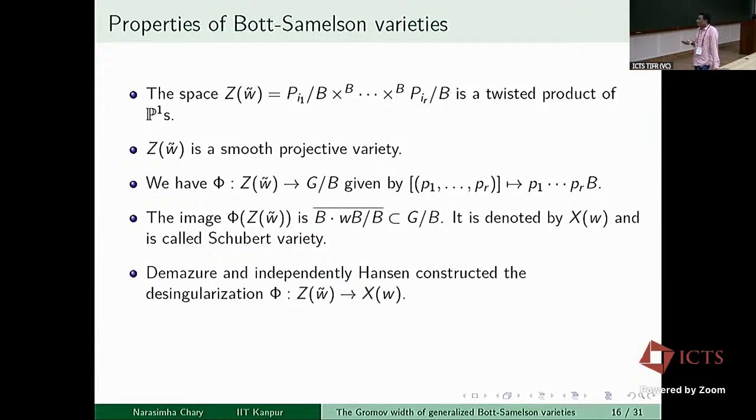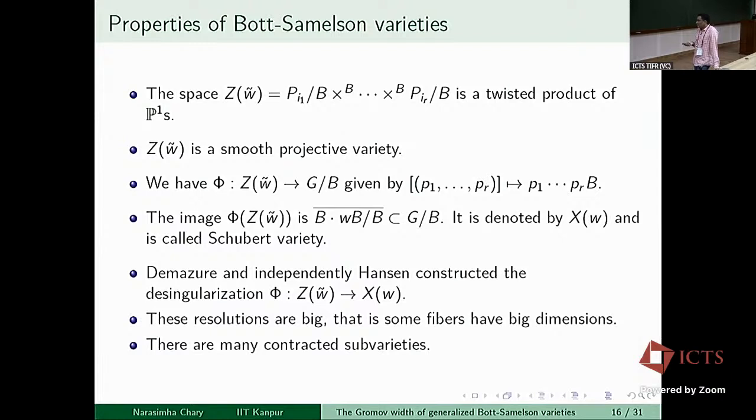These are good in many senses, which means that you can understand the geometry of Schubert varieties using these Bott-Samelson varieties. For example, proving normality of Schubert varieties uses mostly Bott-Samelson varieties, because if you have a homogeneous line bundle here, then the cohomologies are the same.